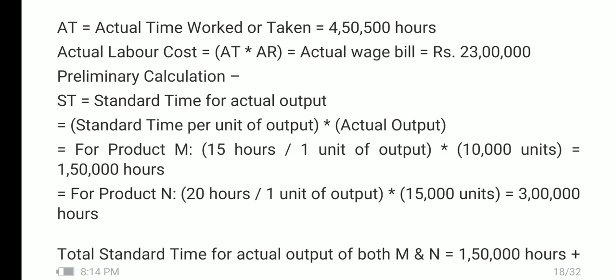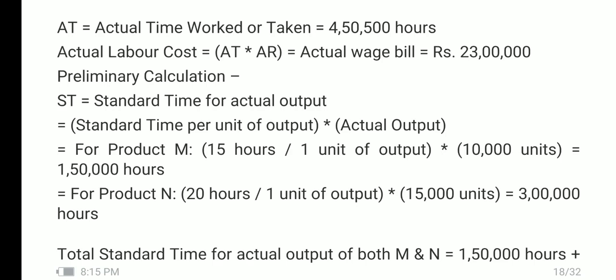Therefore, to produce 10,000 units of M, 15 into 10,000 will give us 1,50,000 hours, that is the standard time for product M. Now for product N, for 1 unit of output, 20 hours are specified. To produce 15,000 units of product N, 15,000 being the actual output of product N, when multiplied, we get 3 lakh hours. So 3 lakh hours are the standard time fixed for product N.